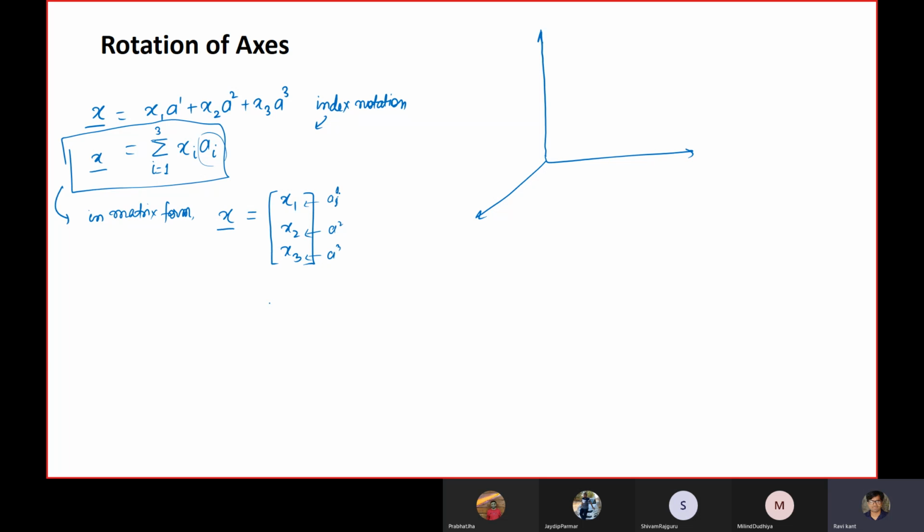Along these unit basis vectors, these components are aligned. Okay, so this is another form to write. Similarly, we will also follow this notation as x transpose as x1, x2 and x3.